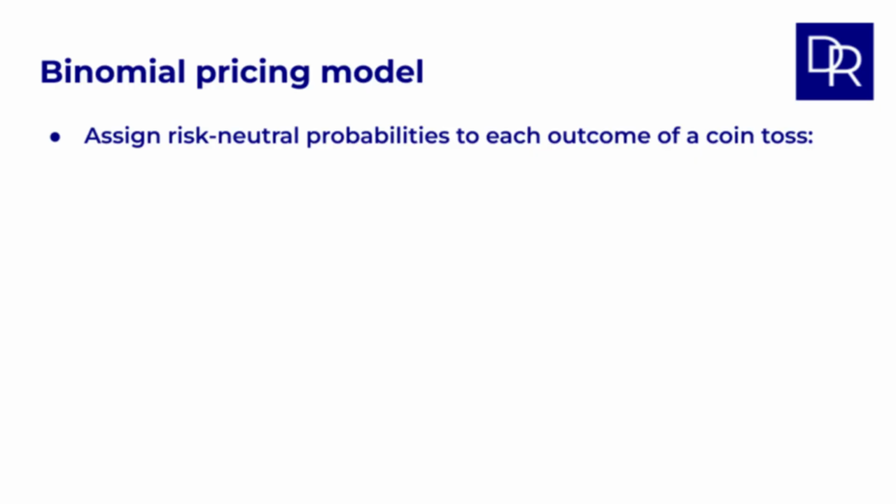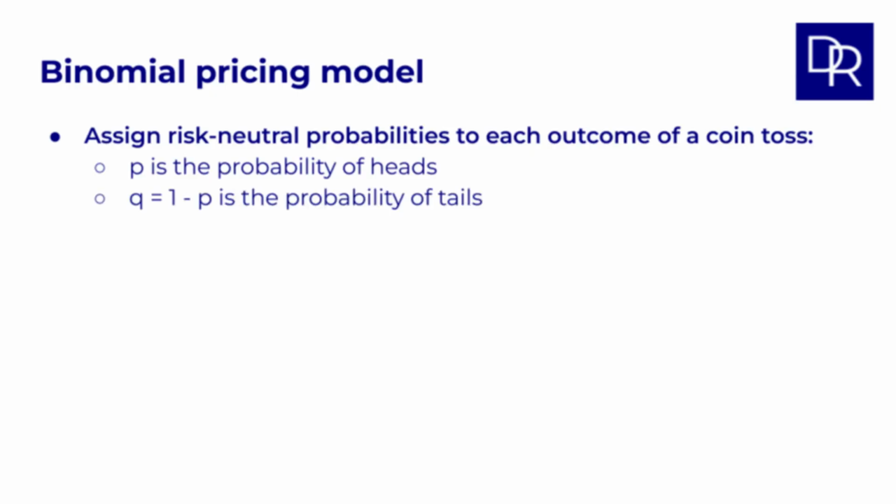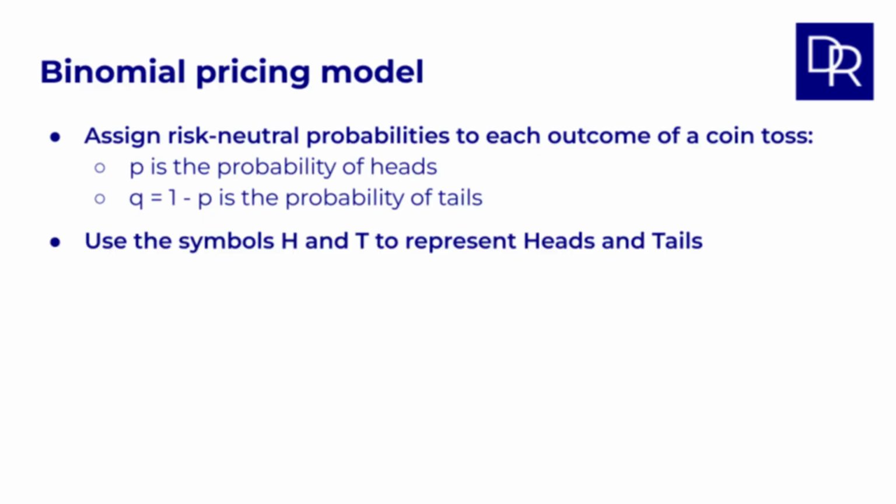In that model, we assign risk-neutral probabilities to each outcome of a coin toss. P is the probability of heads, and Q, which equals 1 minus P, is the probability of tails. And we use the symbols H and T to represent heads and tails respectively.